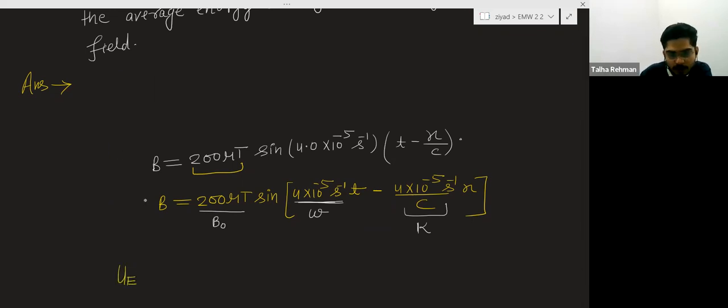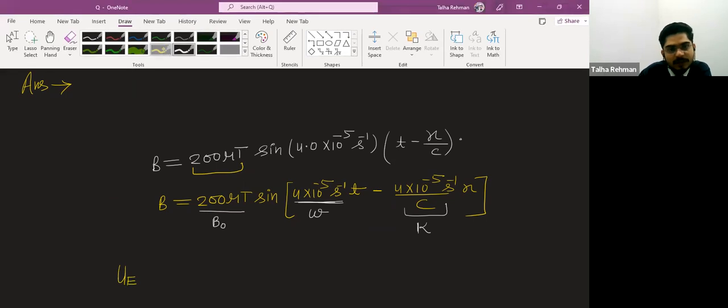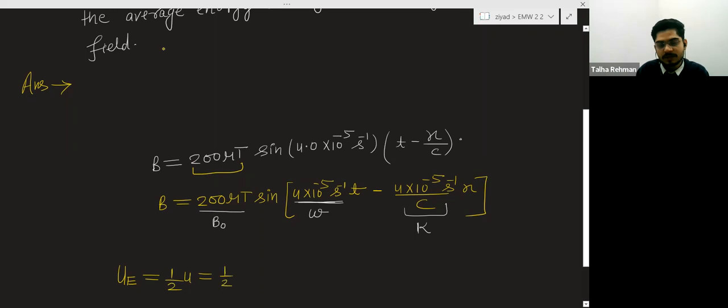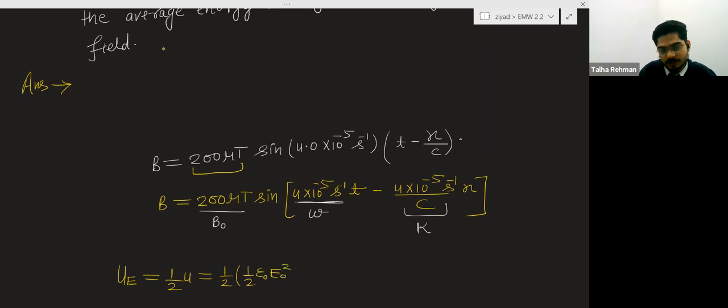I have told you how to remember the energy corresponding to the electric field: that is equal to half of the total energy. So half, what is the total energy? Here the total energy is half of epsilon naught E naught square.